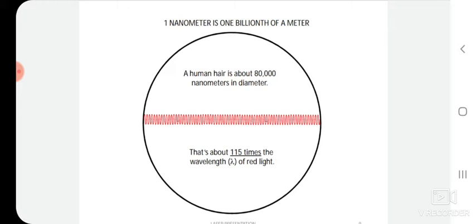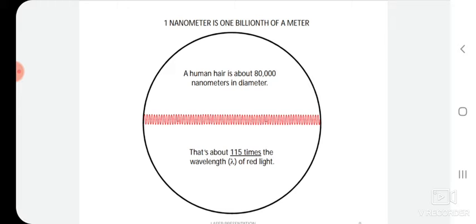It means the diameter of a human hair is 115 times the wavelength of a red light.